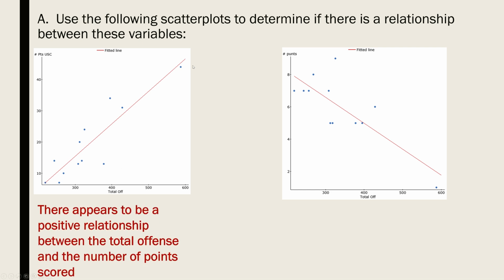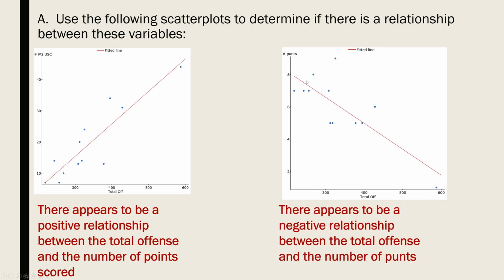There appears to be a positive relationship between the total offense and the total net points scored. From this plot, we can see there appears to be a negative relationship between the total offense and the number of pounds.